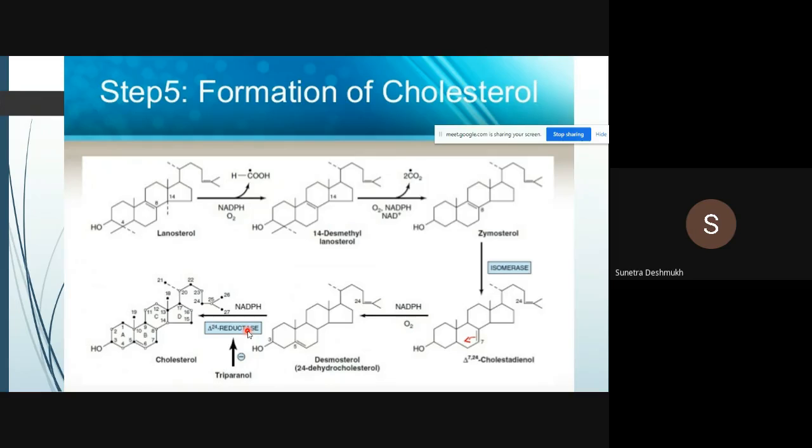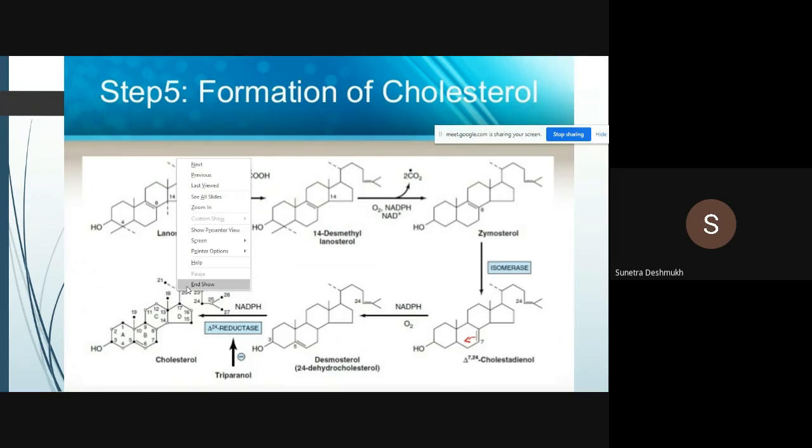After reduction of the double bond at C24, we get the structure of cholesterol: one double bond at the C5-C6 position, a hydroxyl group at the third position, and two methyl groups present at the C10 and C13 carbon atoms. So by following the steps one by one, we can generate the cholesterol structure.